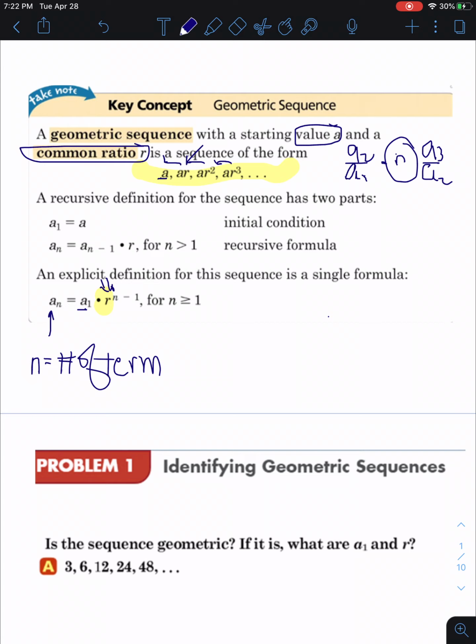If n happens to be 1, we're going to have r to the 0th. But if you have r to a negative value, it's going to screw things up here. So n is the number of the term. A sub 1 is the first term in the sequence. And r is the common ratio.